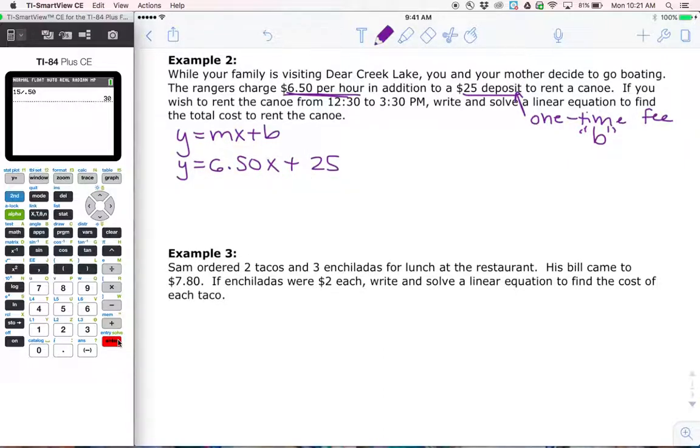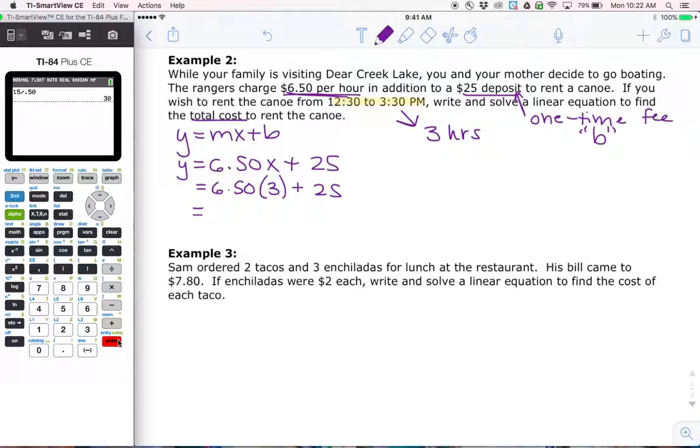Well, if you wish to rent the canoe from 12:30 to 3:30 p.m., what is it going to cost? Okay, well, what is this telling us? We're renting it from 12:30 to 3:30. Hopefully we know that's telling us that we're going to be renting this for 3 hours. All right, so if this is the price per hour, then I should be doing 6.50 for 3 hours. And don't forget that $25 deposit.